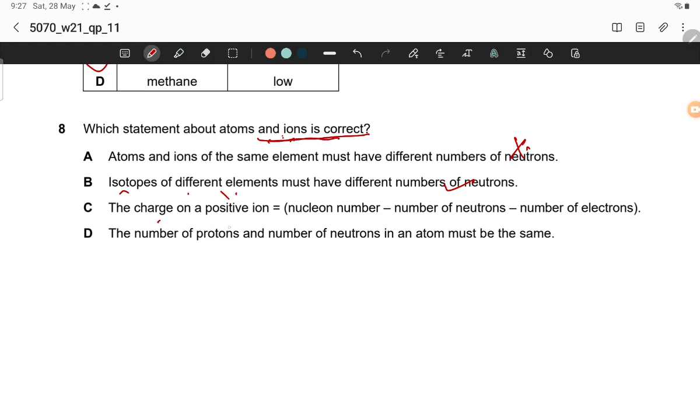The charge on a positive ion is equal to nucleon number minus number of neutrons minus number of electrons.